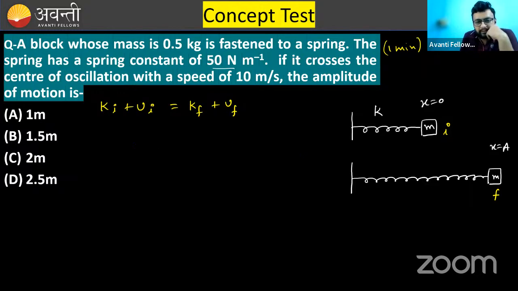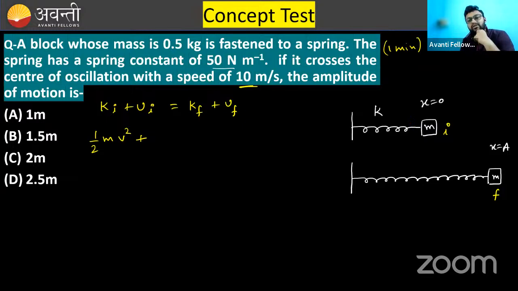If you put K initial at this point, you know the velocity. So that is half m v square plus, at the mean position, you will say potential energy is 0.